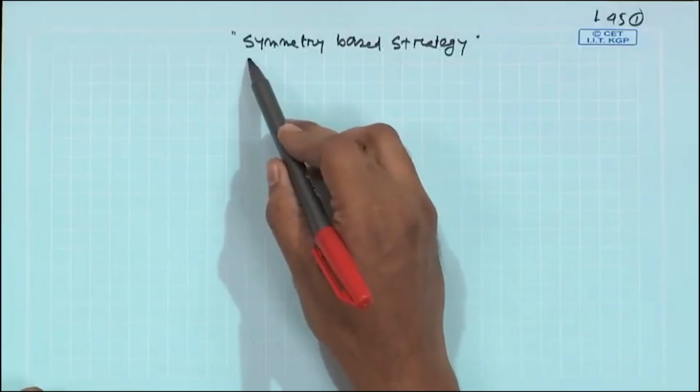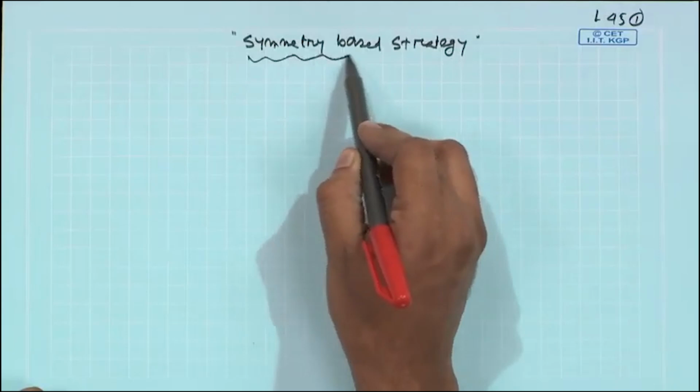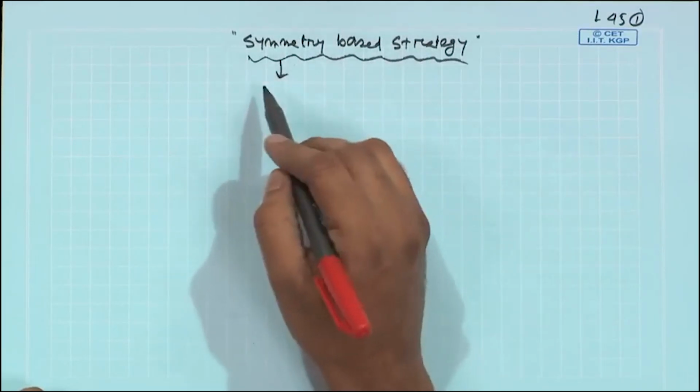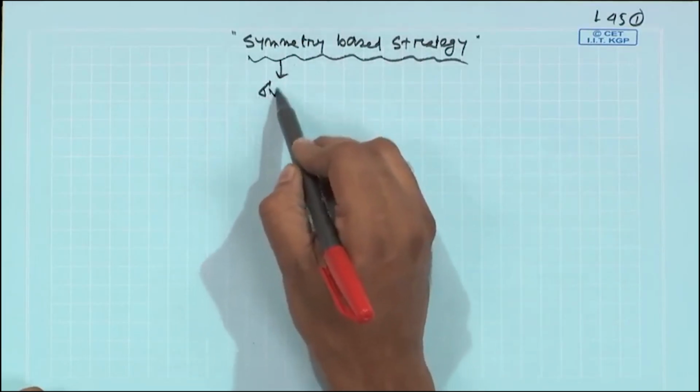So, welcome back students. Basically in the last lecture we have just started symmetry based strategies, and we said that for symmetry based strategies, when you are trying to do a disconnection of a symmetrical molecule, mainly we are dealing with a symmetrical molecule which does have a well defined sigma v.